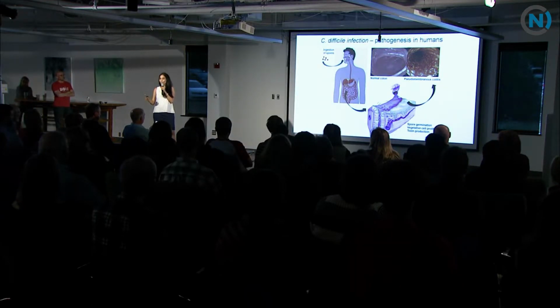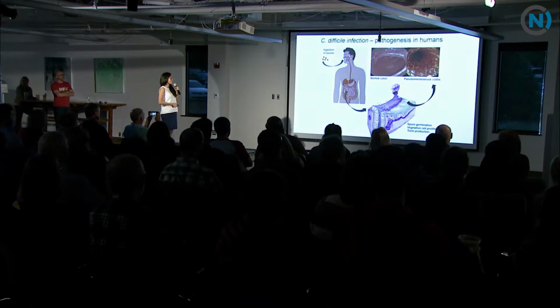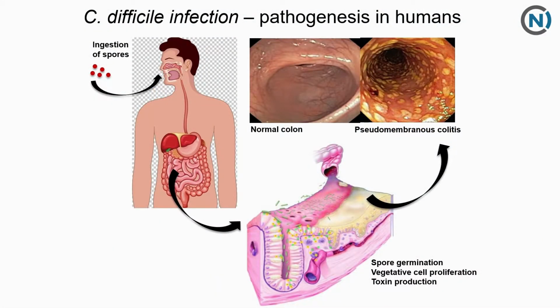So there is no toxin and no disease. However, when your gut microbiota is compromised, especially with the intake of antibiotics, the good bacteria in your gut is wiped out, and C. diff is not inhibited. It completes its life cycle, multiplies to high density, starts making toxin, and it results in disease.